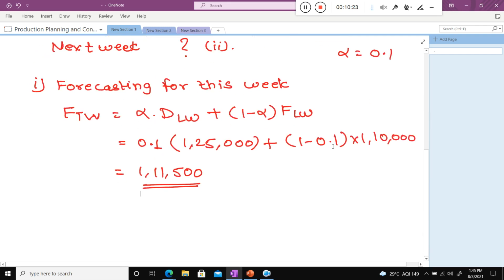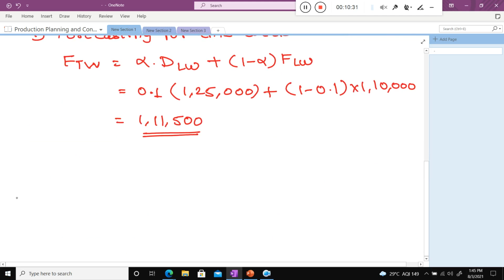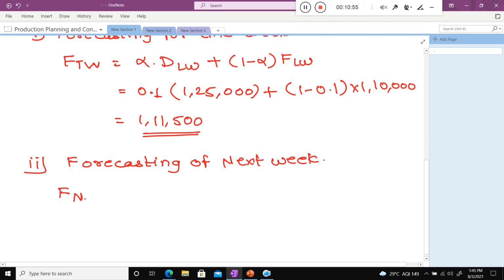So we need to do the forecasting of next week. So what will be the formula, class? Forecasting for next week, I just put NW.